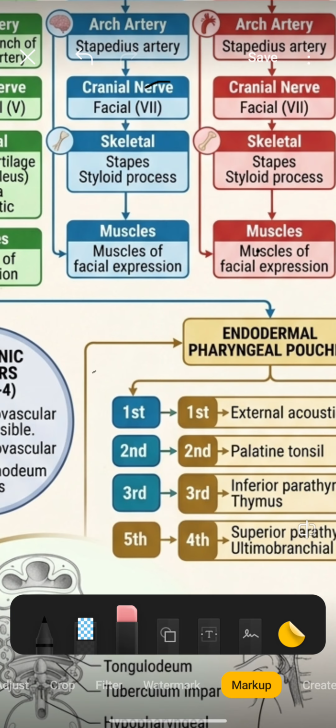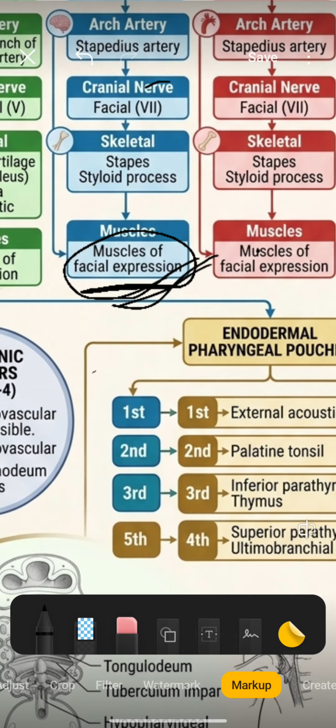Muscles of face. Muscles derived from the second arch? Look, there is the facial nerve. What does the facial nerve supply? Muscles of facial expression. They supply muscles of facial expression. All the muscles of the face, facial expression, are supplied by the facial nerve. So which are the derivatives? Muscles of facial expression.